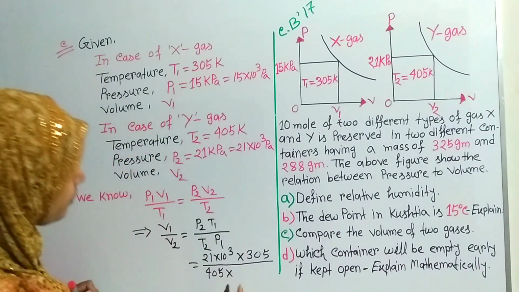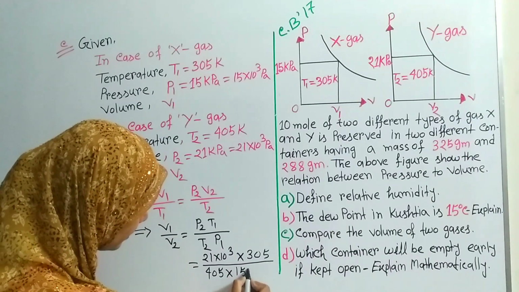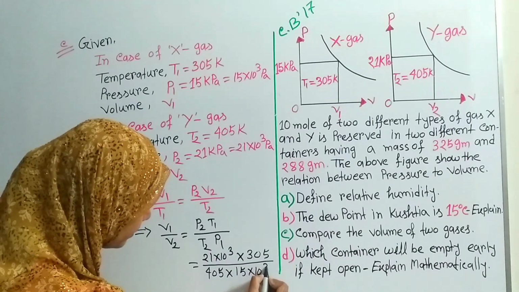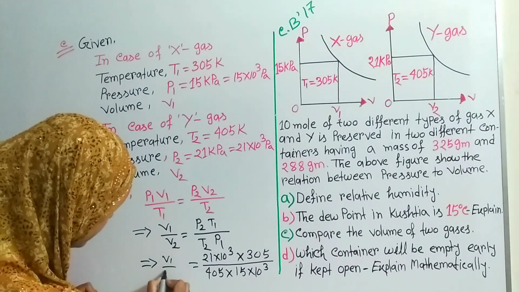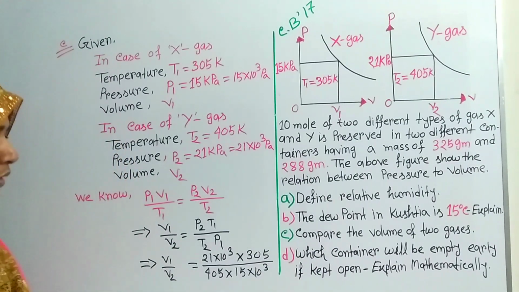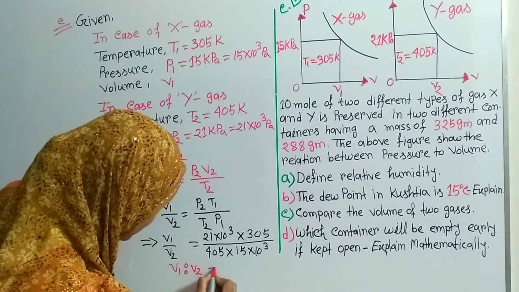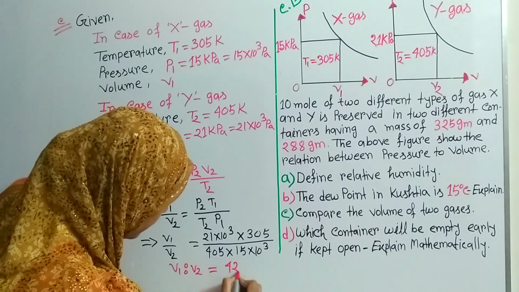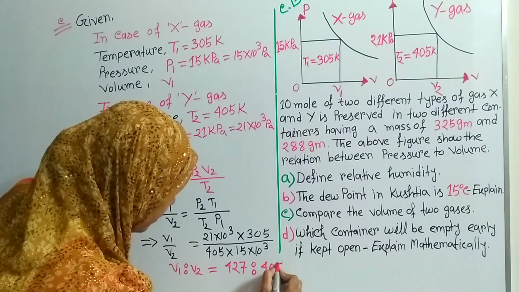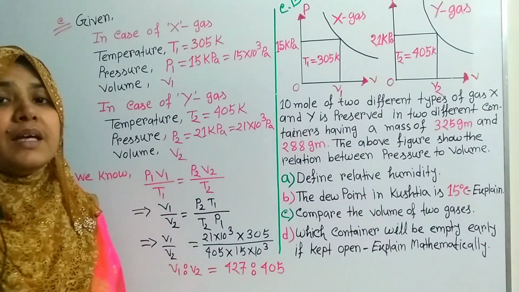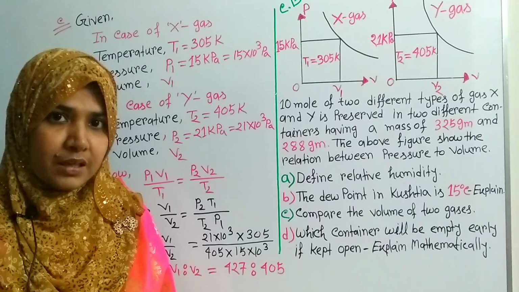P1 is given 15 into 10 to the power 3. So V1 to V2 is equal to 427 ratio 405, and this is the answer of question C.